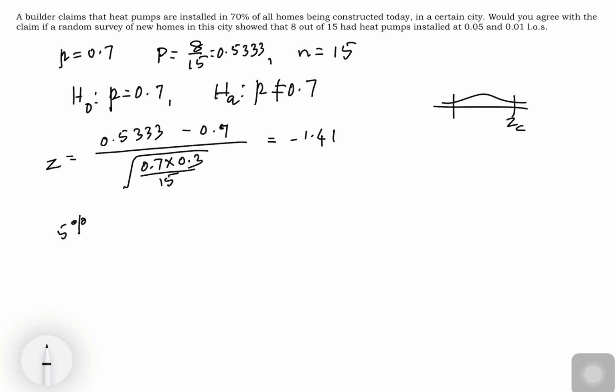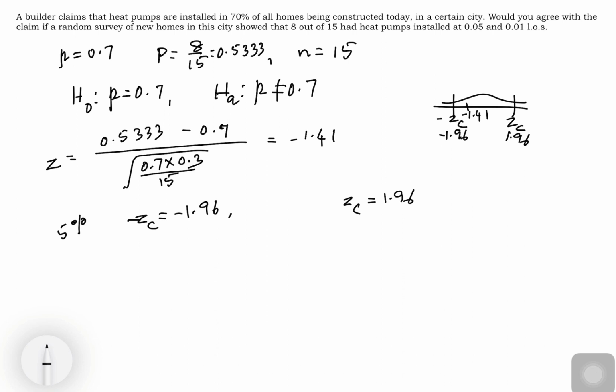So ZC, we need both minus ZC and ZC. So here we can see that at 5% level of significance, minus ZC is minus 1.96 and ZC is 1.96, and this is minus 1.96 and this is 1.96, and your minus 1.41 would be here.